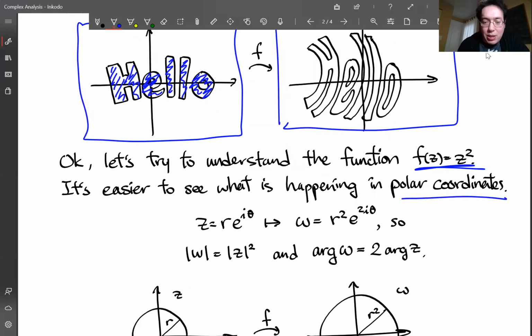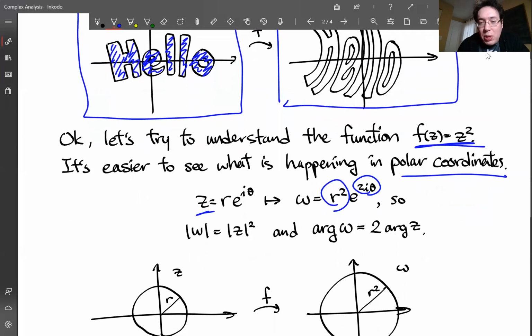So if the complex number z is equal to r e to the i theta, then when we square it, we square the modulus, and when you square the exponential part, that doubles the angle.